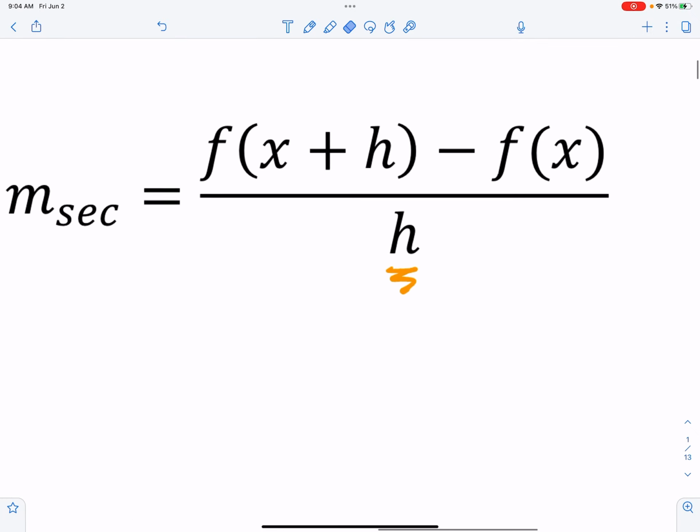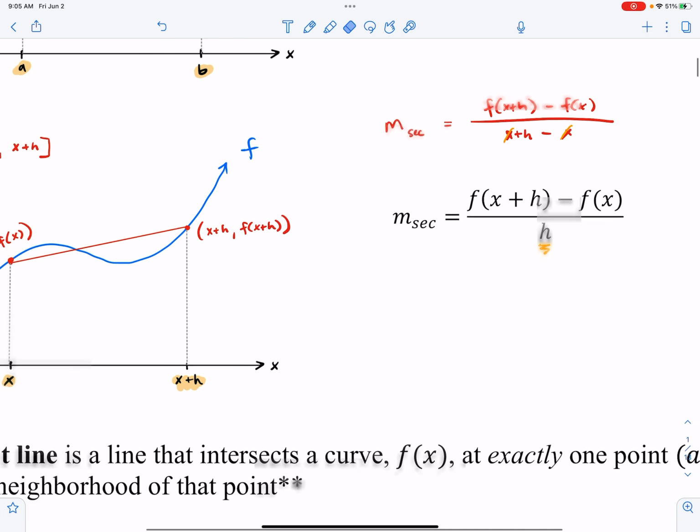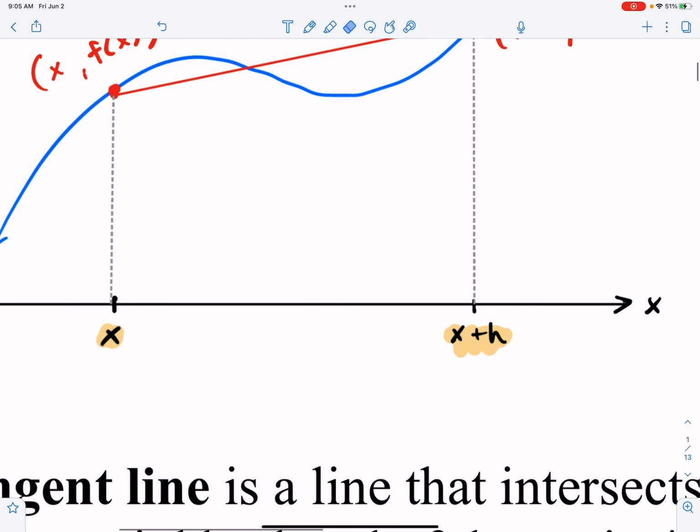And then whenever you find f of x plus h minus f of x all over h for a given function, this is a formula that you could use to calculate the slope of the secant line. You would just have to plug in whatever x is, so the first endpoint of the interval. And then h, so if we look back at our picture here, h actually represents the length of the interval.